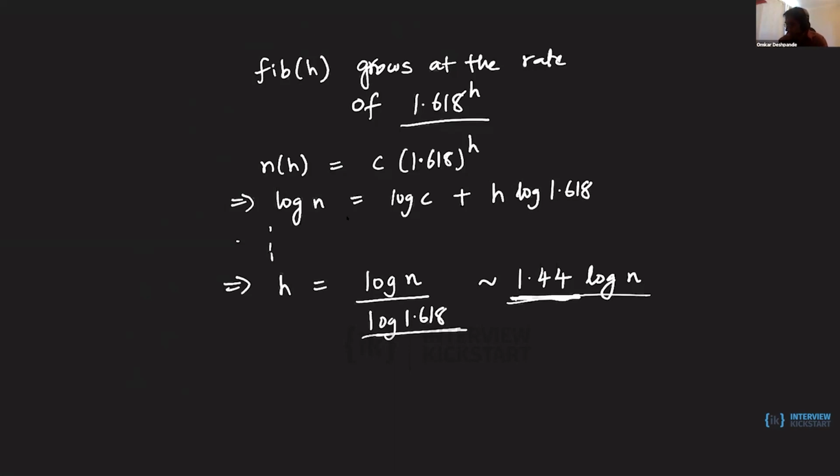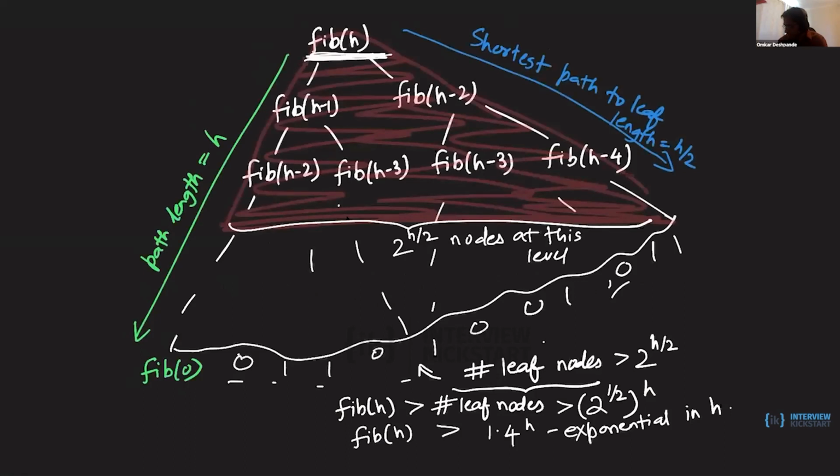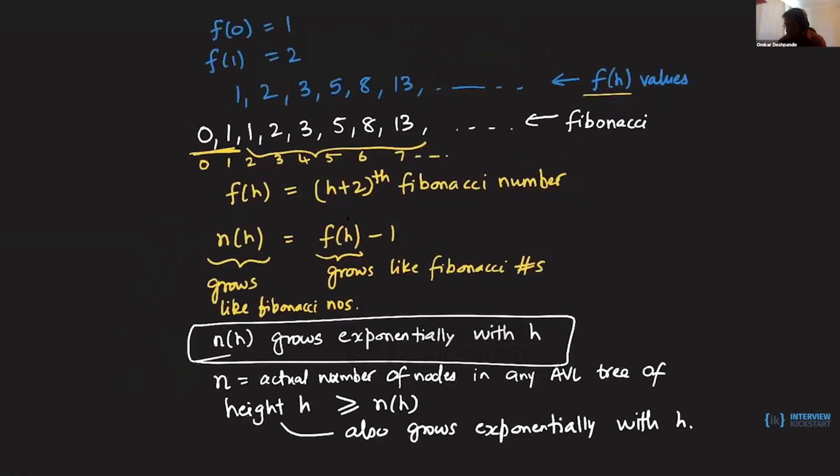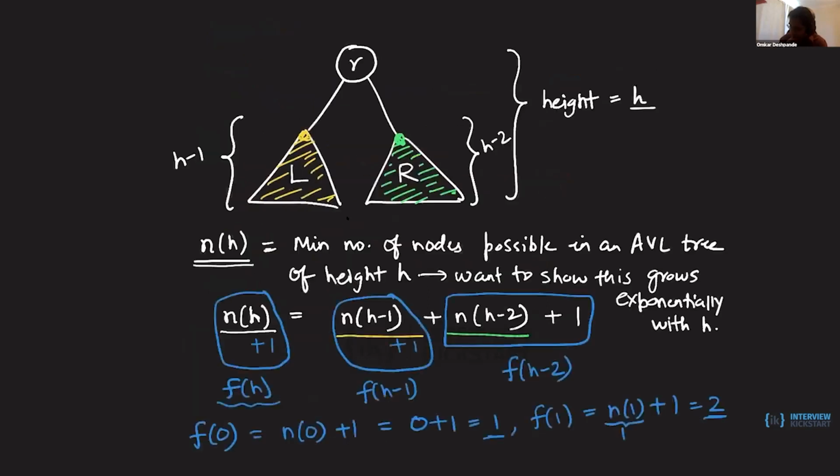But even ignoring this, it's qualitatively sufficient to understand that the number of nodes is going to be exponential in h. It doesn't matter what that constant is. Any questions on this?